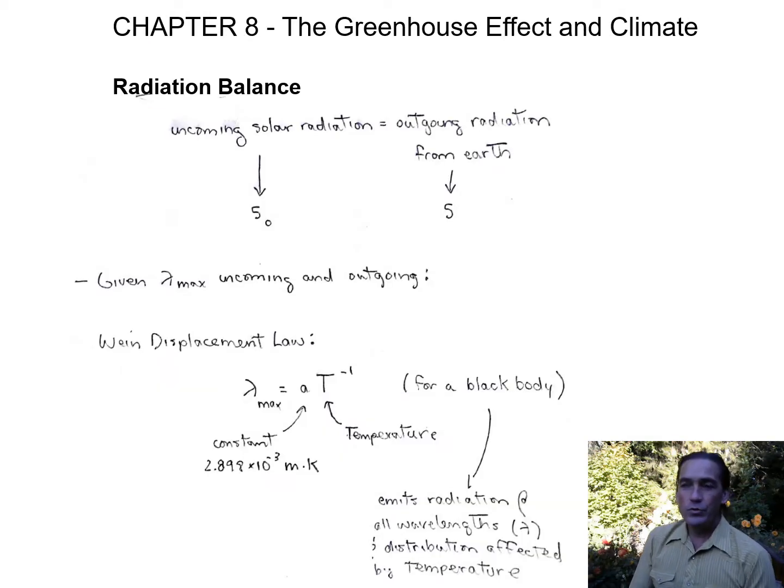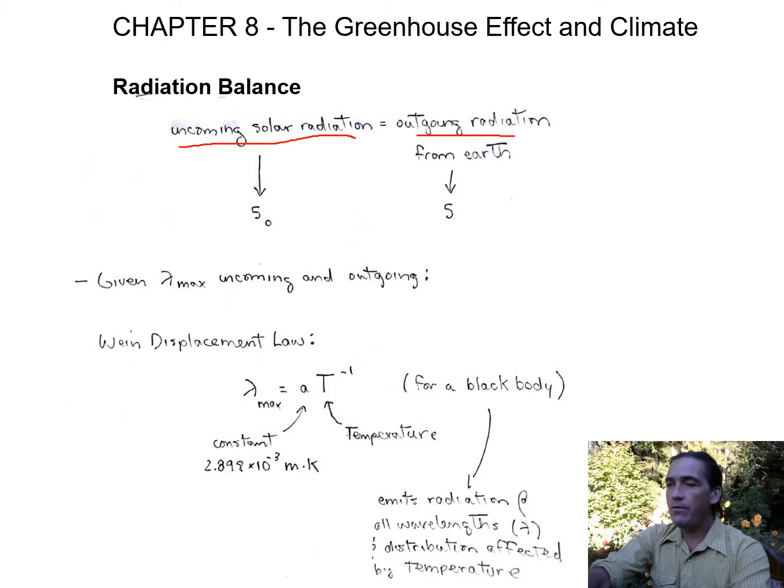So we're going to do two calculations, and we're going to show what we would expect the temperature of our troposphere, our atmosphere, to be given two different scenarios. So the first thing, let's define incoming solar radiation and outgoing radiation from the Earth in terms of symbols. We're going to use S naught for incoming and S for outgoing.